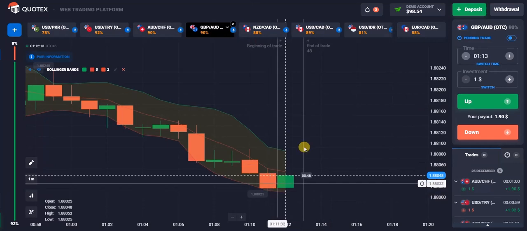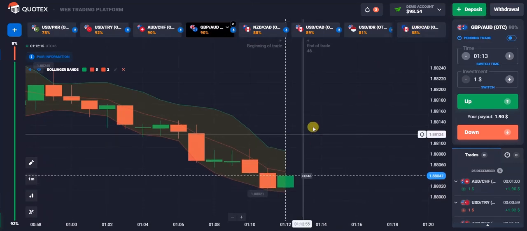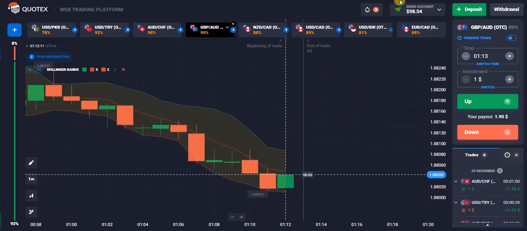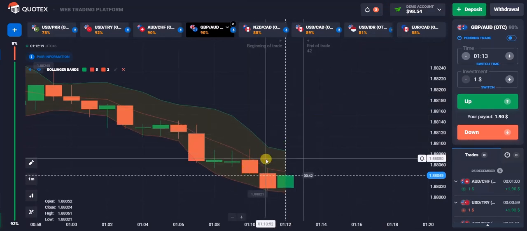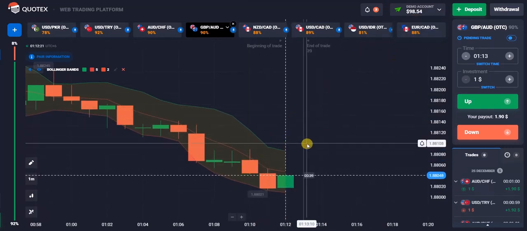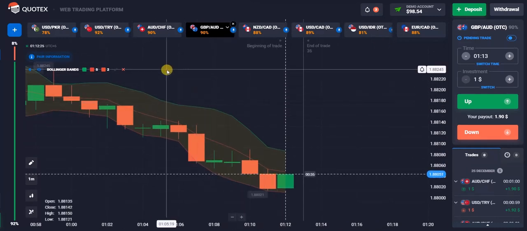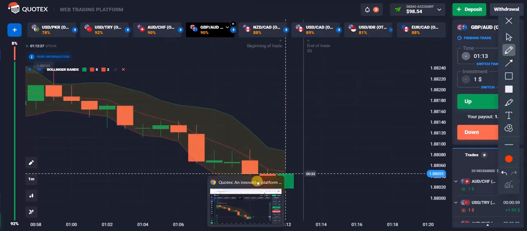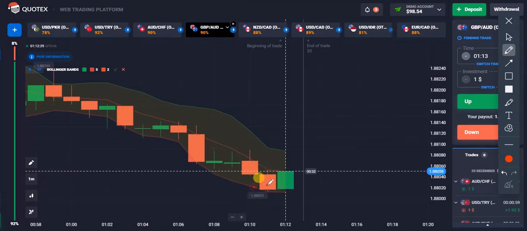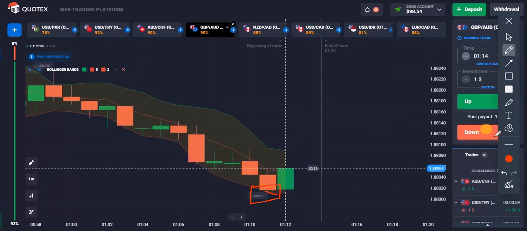Another thing that you need to remember: a few minutes back I was telling you not to trade on mobile. If you are watching this video and I am recording this on my laptop, as you can see, this candle has not touched the bottom line, right? There's a gap. I'm not sure if you can see, but there's a gap.